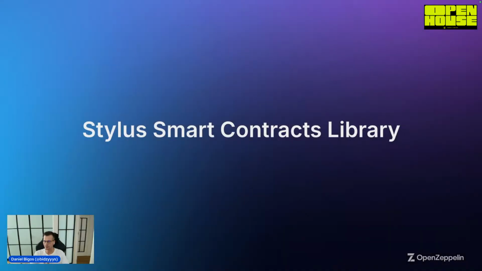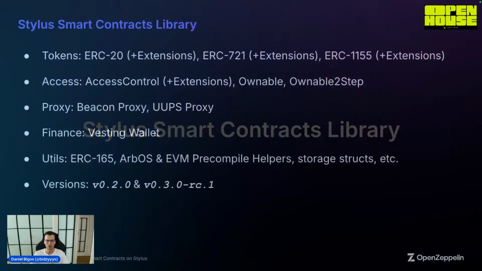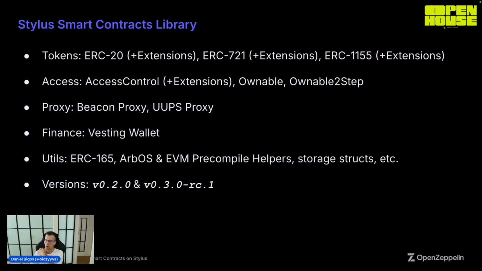Okay, we covered the very basics. And now let's talk about the Stylus smart contracts library that we've been working on at OpenZeppelin. The first part of the library is mostly all the standards that we have built for other ecosystems, like Solidity, Cairo, and Stellar.